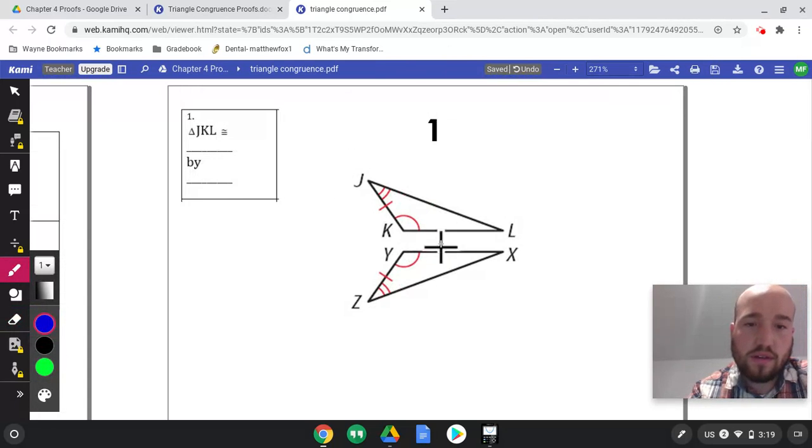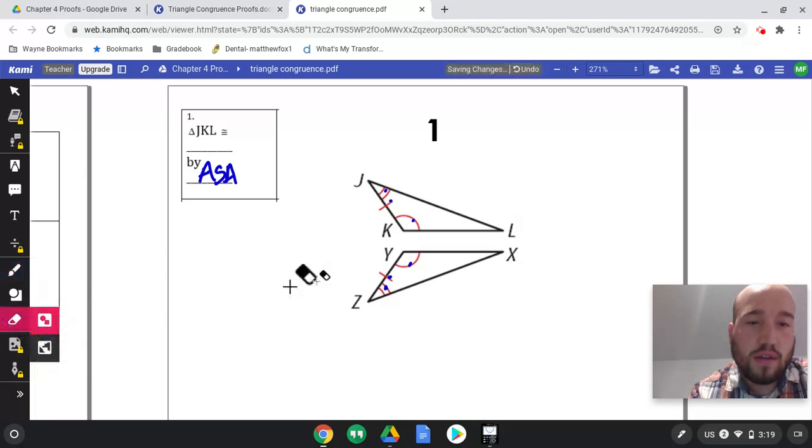you'll notice here, triangle JKL is congruent to, we look at this triangle, by. So the first thing, let's fill in the by. Right here, we've got an angle, a side, and an angle, angle, side, angle. So our rule, angle, side, angle. And it's triangle JKL.